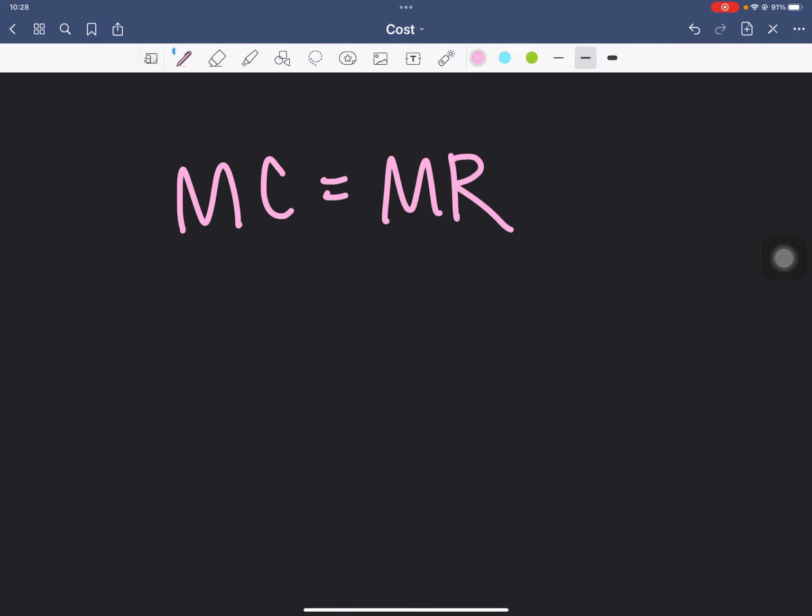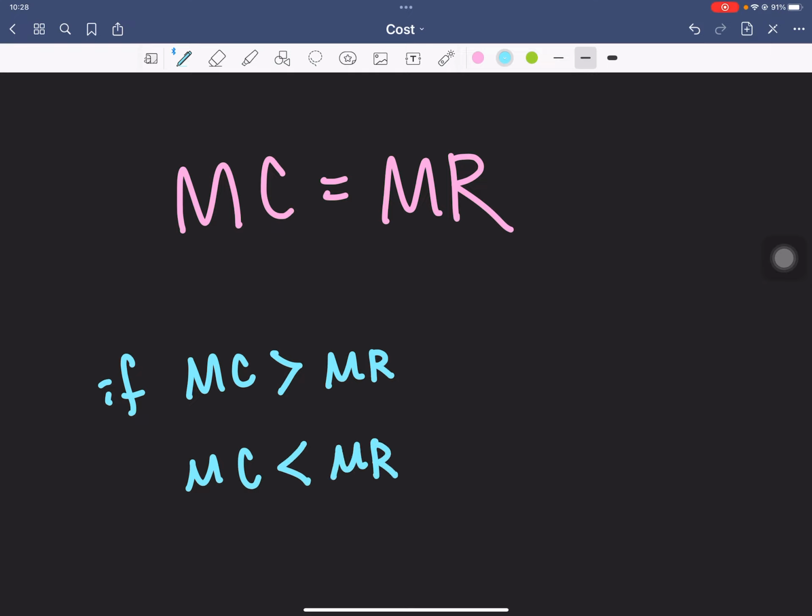Because when the marginal cost is larger than the marginal revenue, the individual firm is going to decrease the output level. When the marginal cost is smaller than the marginal revenue, the firm is going to increase the output units. So the only way that the firm can maximize the profit is under this marginal analysis, where the marginal cost equals the marginal revenue.